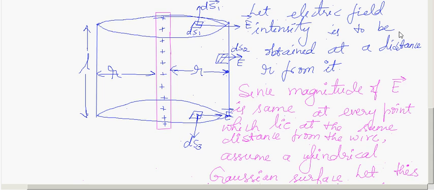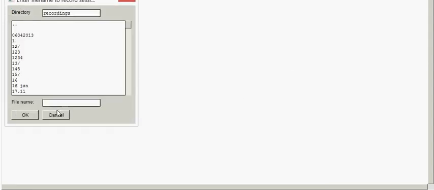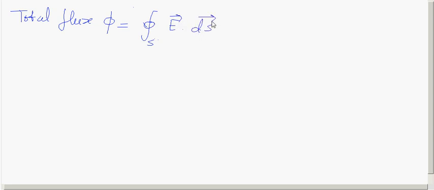So total flux phi is equal to the surface integral of E dot ds, which is equal to the surface integral over the upper plane face.